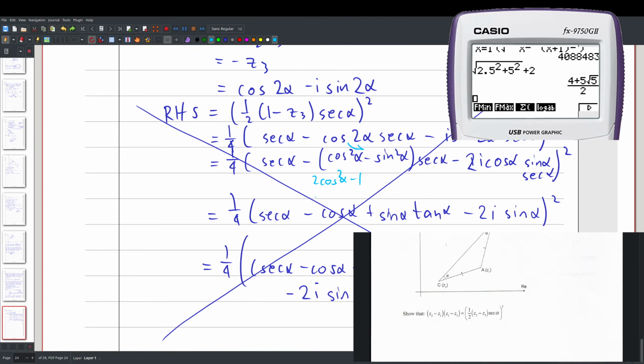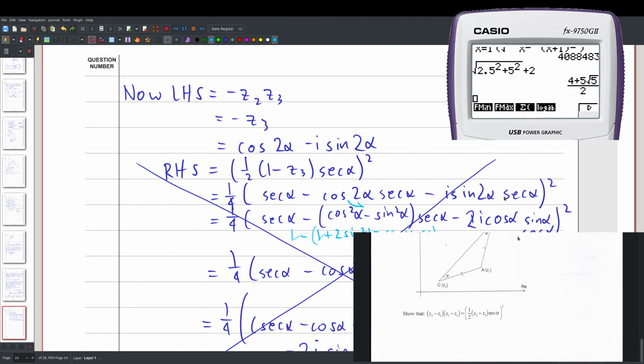No, you do 1 plus 2 sine squared alpha. So you got 1 minus 1 plus 2 sine squared alpha minus sine 2 alpha. Oh well, that's like sine alpha cos alpha. And these two should cancel, and then yeah. Okay.